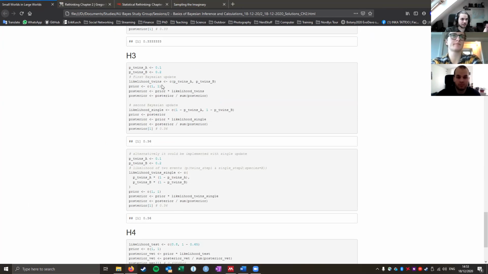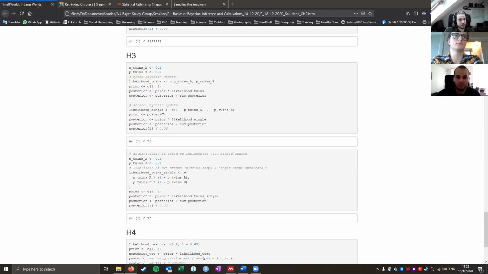Prior is which species do you belong to? 1, uninformative, we don't know. We calculate our posterior here, with our posterior being the probability of belonging to either species. Now our likelihood for the single birth, because now we're just looking at the single birth, is 1 subtract P twins A and P twins B from 1.